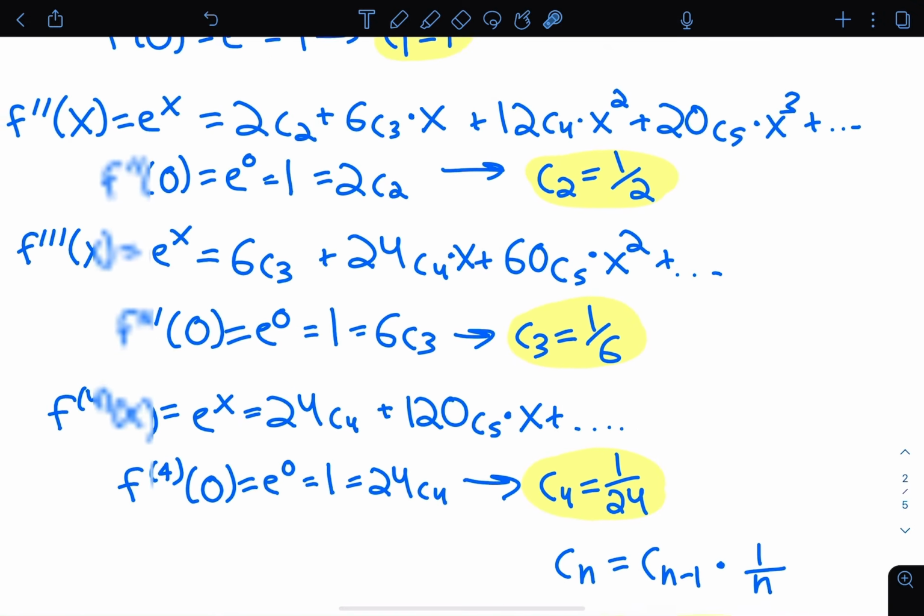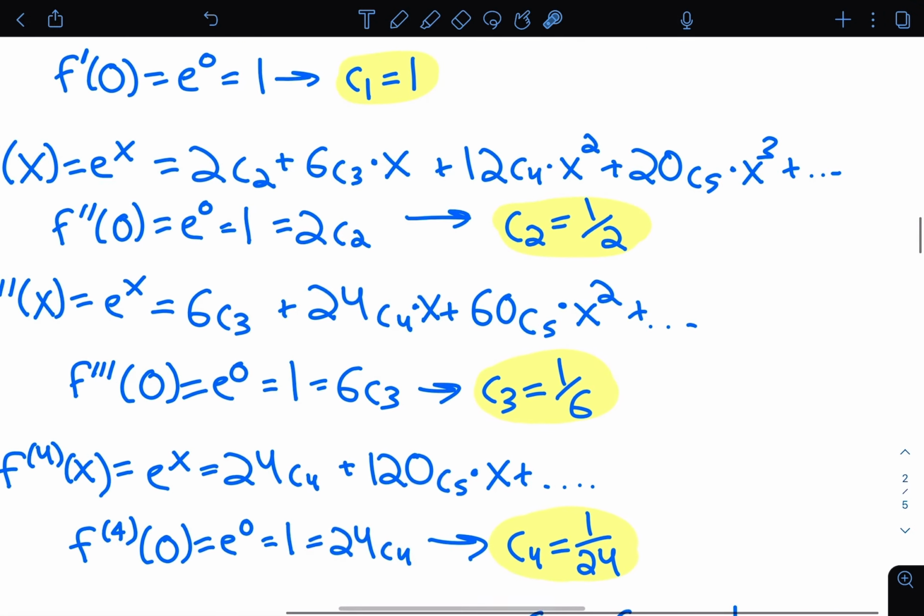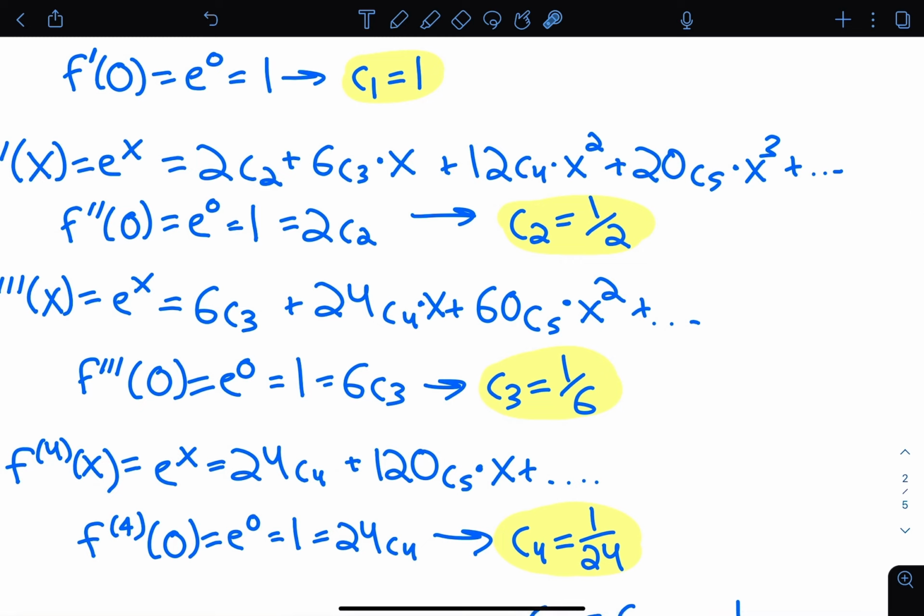And now this is where you have to put your beautiful brains together, right? c sub 1 is 1, c sub 2 is 1/2, c sub 3 is 1/6, c sub 4 is 1 over 24. What's the pattern? Clearly the numerator is just a 1, right? But what is happening with these denominators?